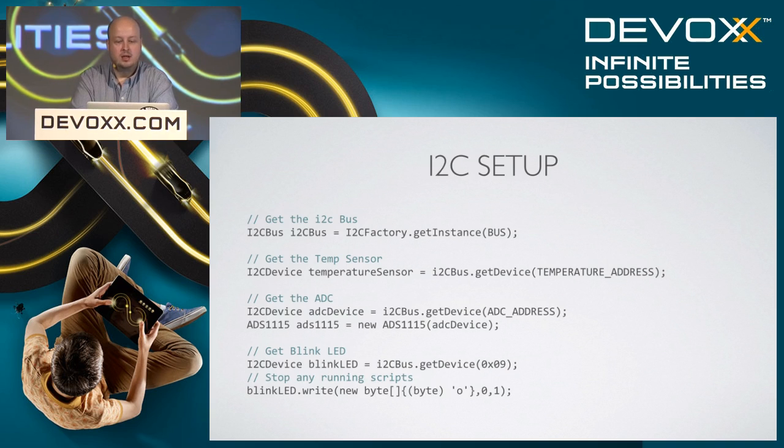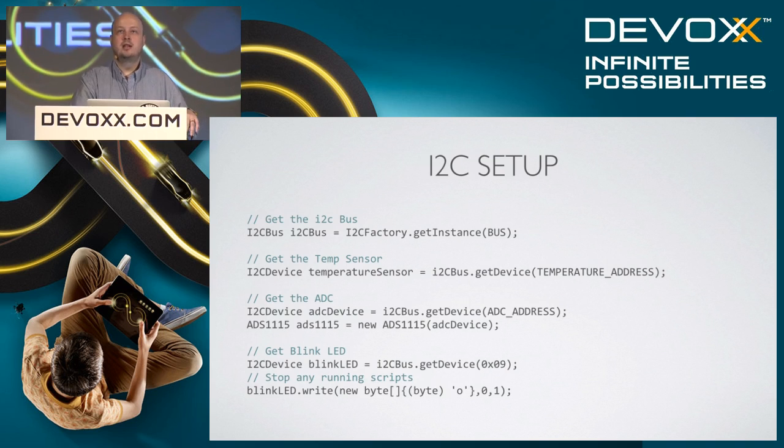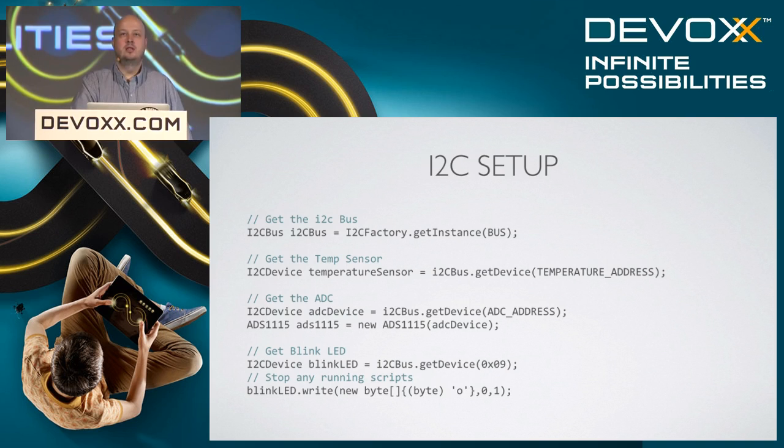So the second thing we're going to do is ask for an I2C device that represents one of those little boards that's connected to the I2C bus. The first one here is the temperature sensor. Each board has a unique address. There's a command line tool you can run on the Pi called i2cdetect that will list out what devices are available and currently connected to the bus.